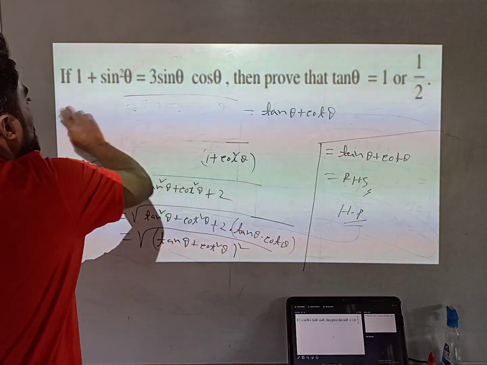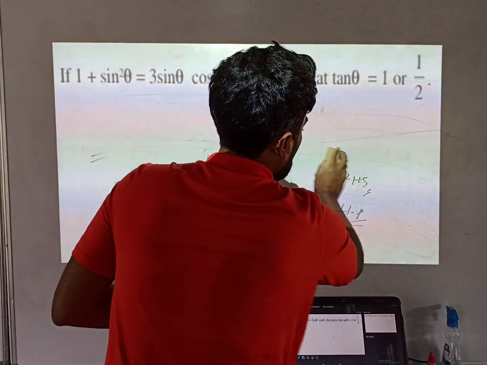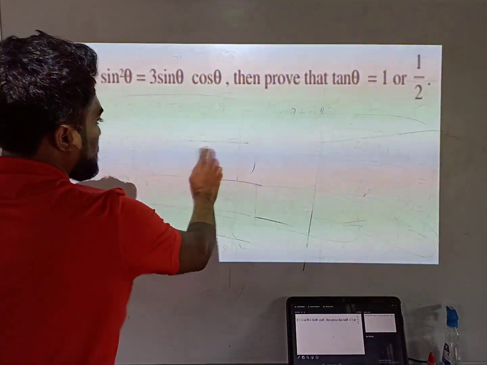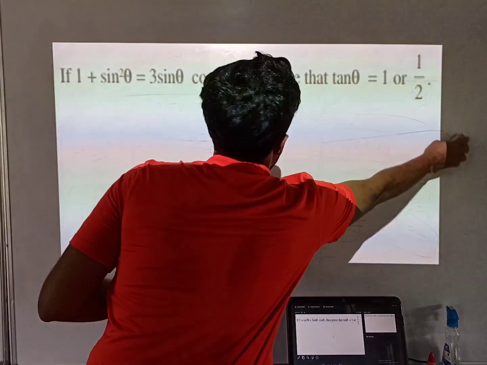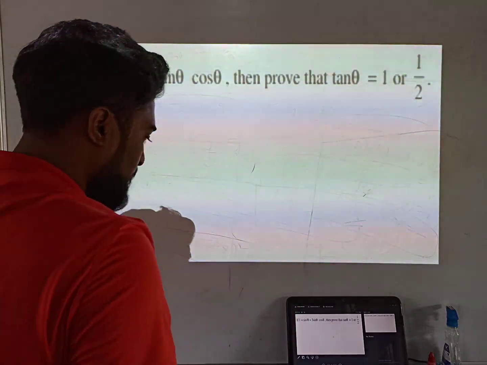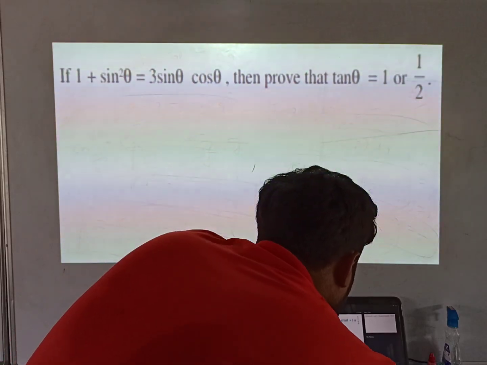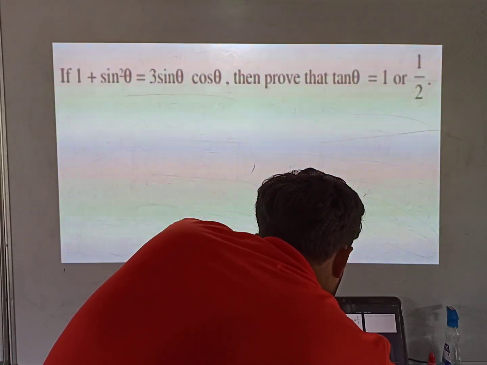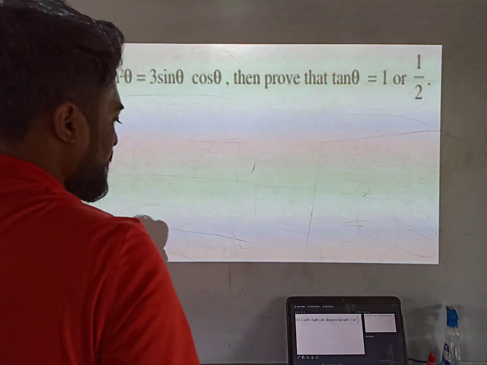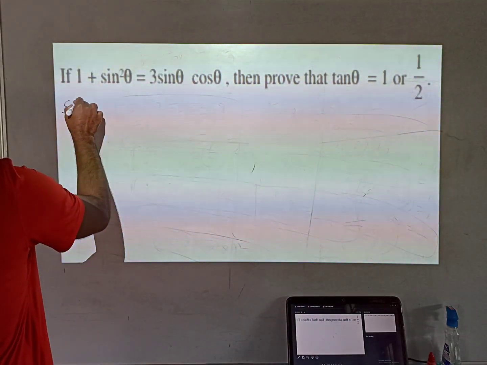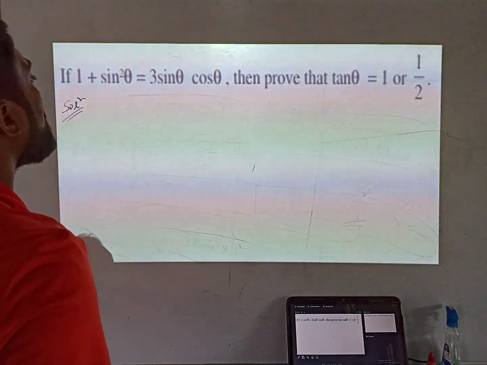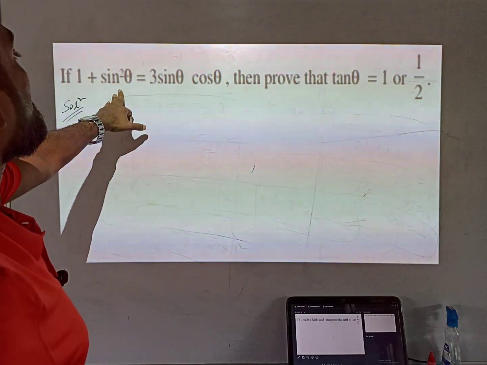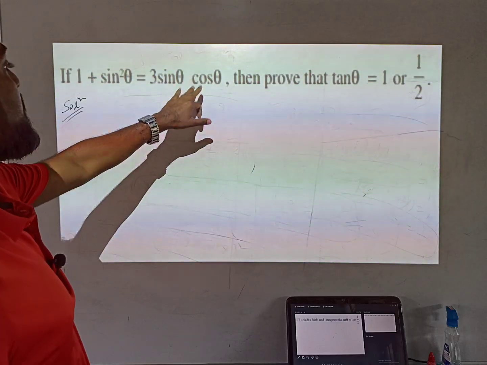Now let us solve this question. So the question says that 1 plus sine square equals 3 sine into cos.